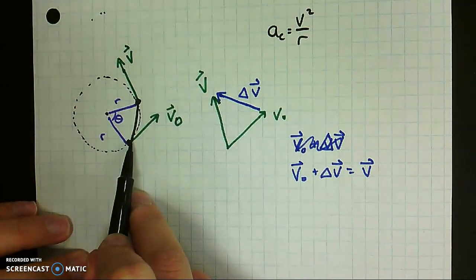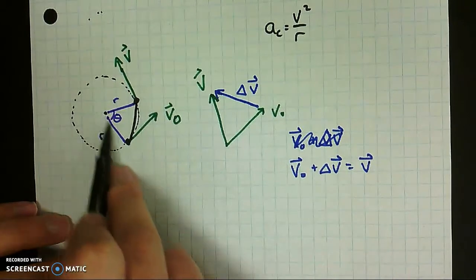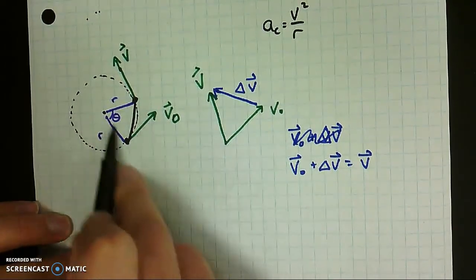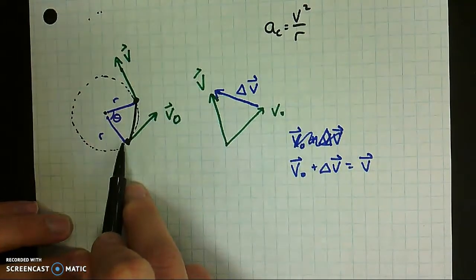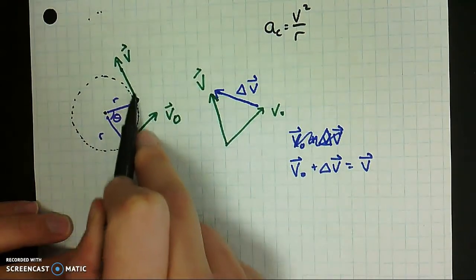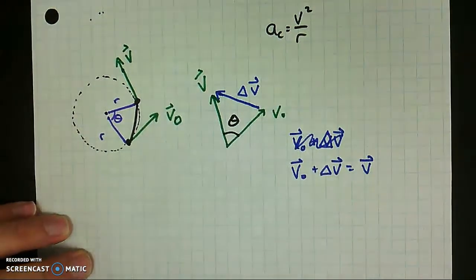If you remember from geometry, tangent lines are always perpendicular to radii. So this is a right angle, this is a right angle. And if that's the case, if this line slides over to this line, then this vector would slide over to that vector. So we can say that this angle is also theta.